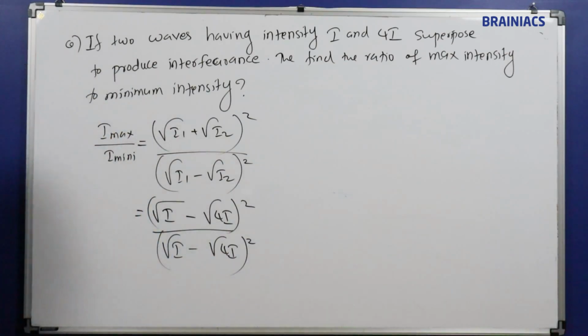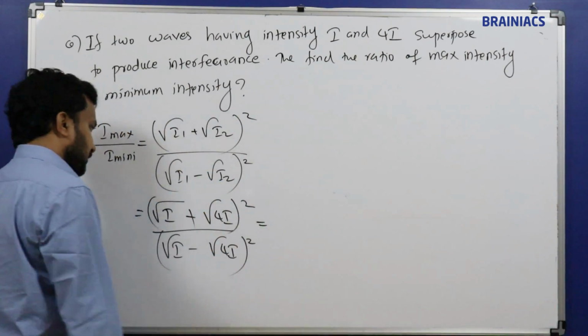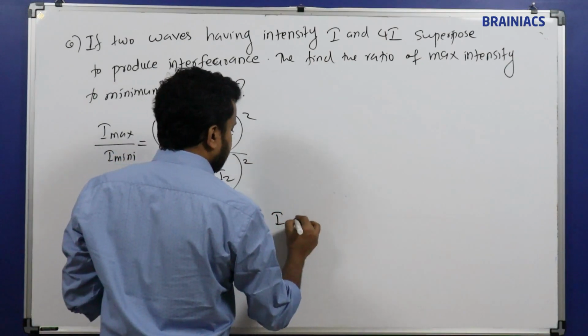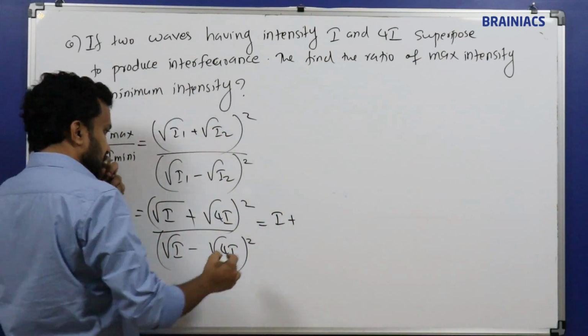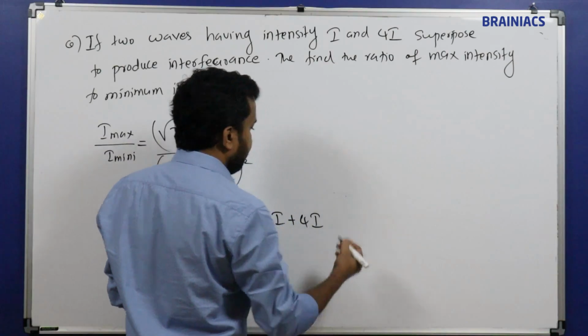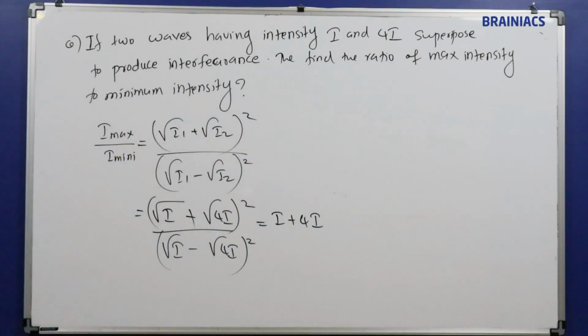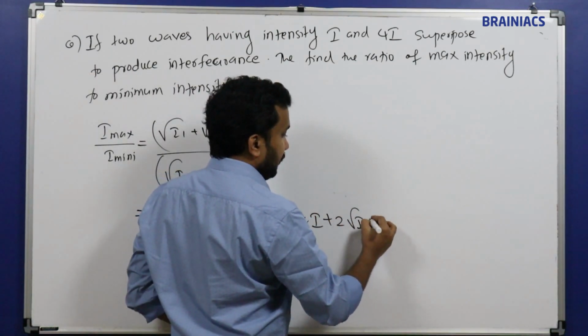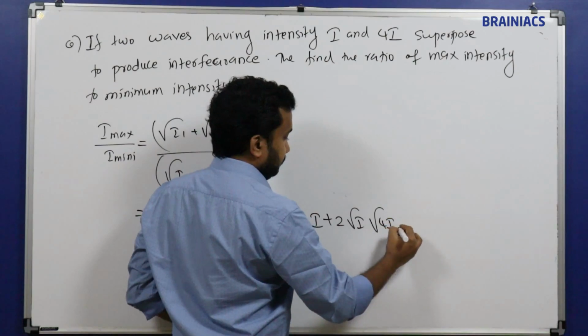Root I. We have to simplify this. What will we get? A square plus b square plus 2ab, or a minus b, whichever is required, you can solve. It is plus, sorry. So a plus b the whole square is a square plus b square plus 2ab, here a is root I and b is root 4I. So the numerator is I plus 4I plus 2 into root I into root 4I.